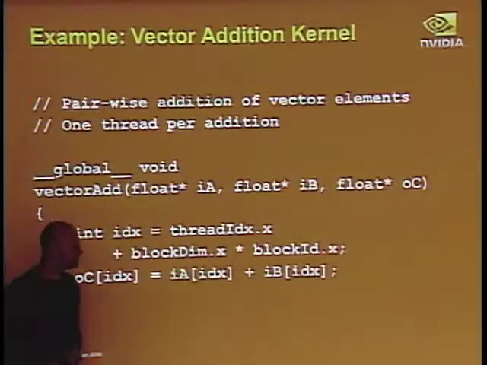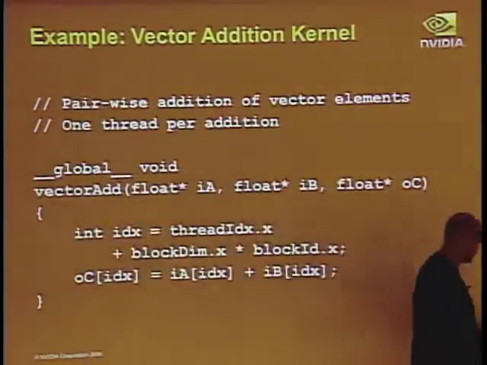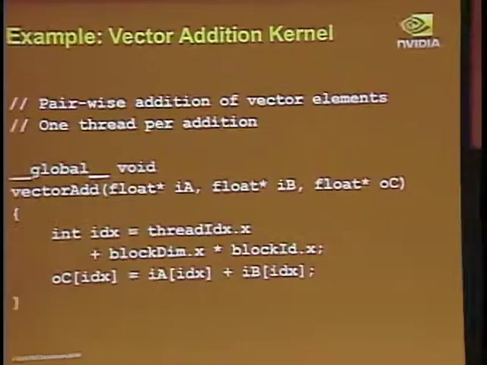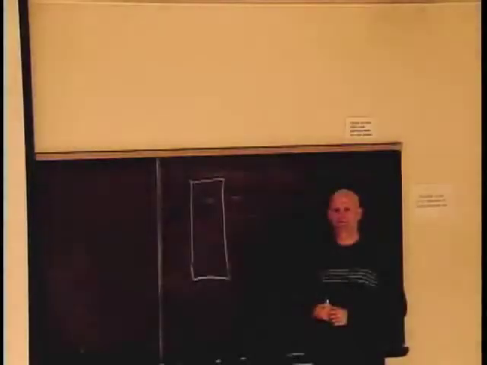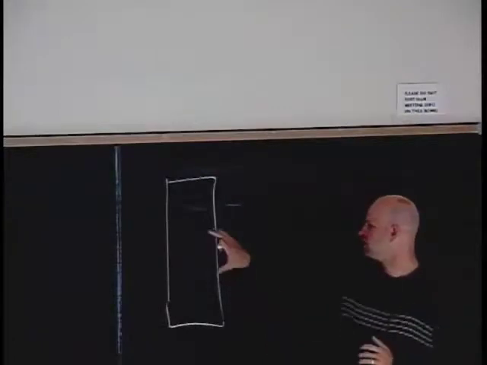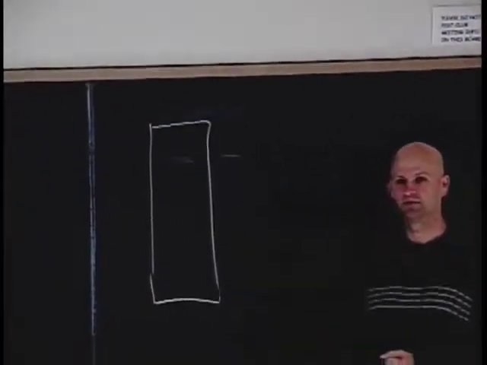Let me explain something else that's very important from a performance point of view. This is our set of registers per thread processor. We would like to have as many threads busy on this processor as possible, because if we have lots of threads resident on this processor, we can do a better job hiding latency.